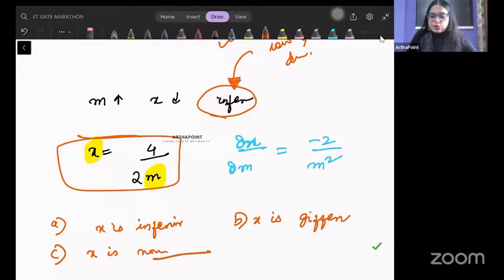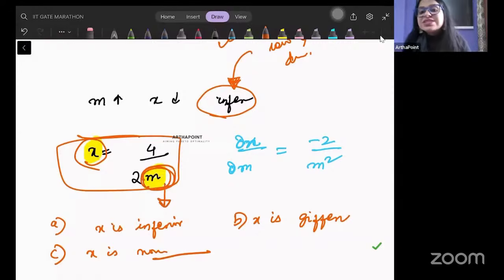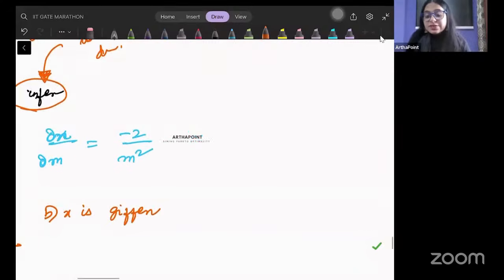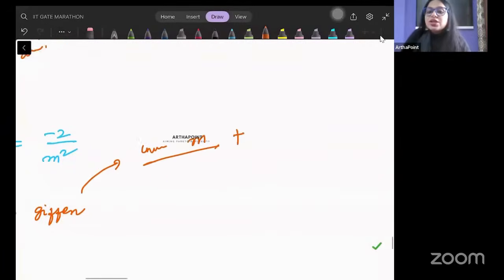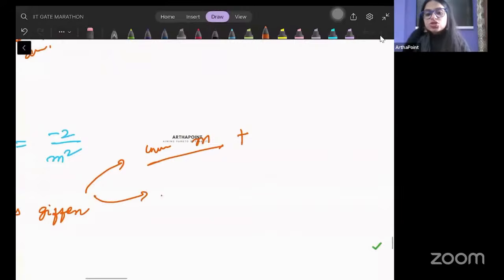So now we have to understand that this good has an inverse relationship with income, and since it has an inverse relationship with income, it is definitely an inferior good. But what is a Giffen good? A Giffen good is a good which not only has an inverse relationship with income, but additionally it should also have a direct relationship with price.